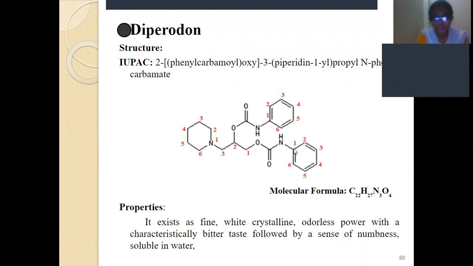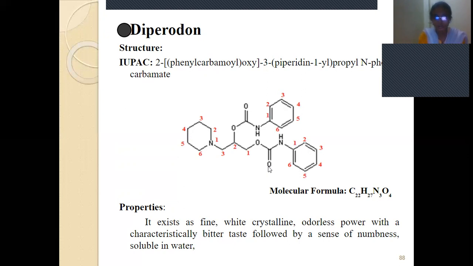So here, 2 phenyl, see here, 2 phenyl carbamyl oxy, 3 piperidin-1-yl propyl phenyl carbamate. So this is the structure and IUPAC name.